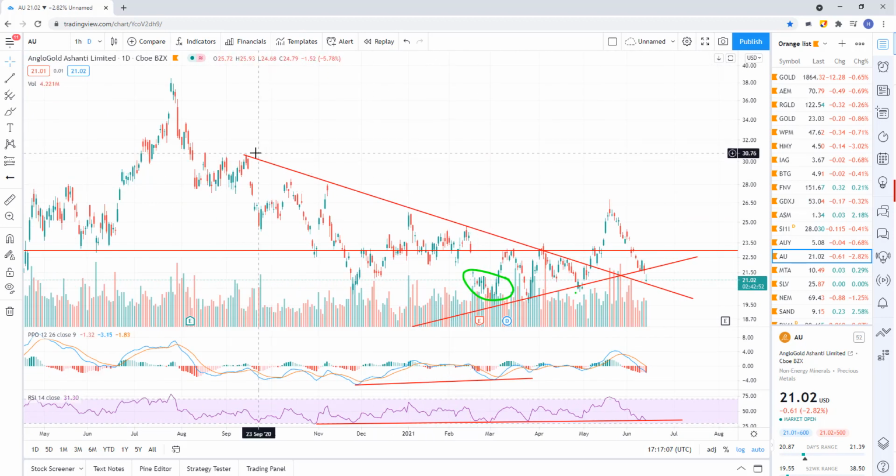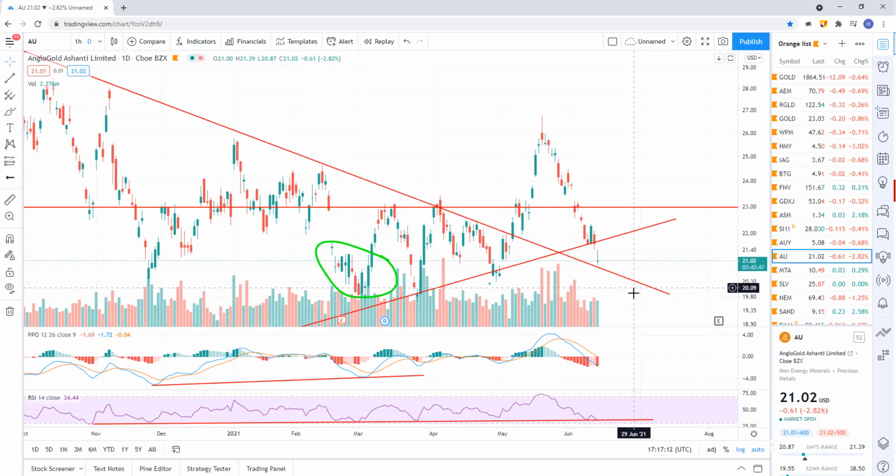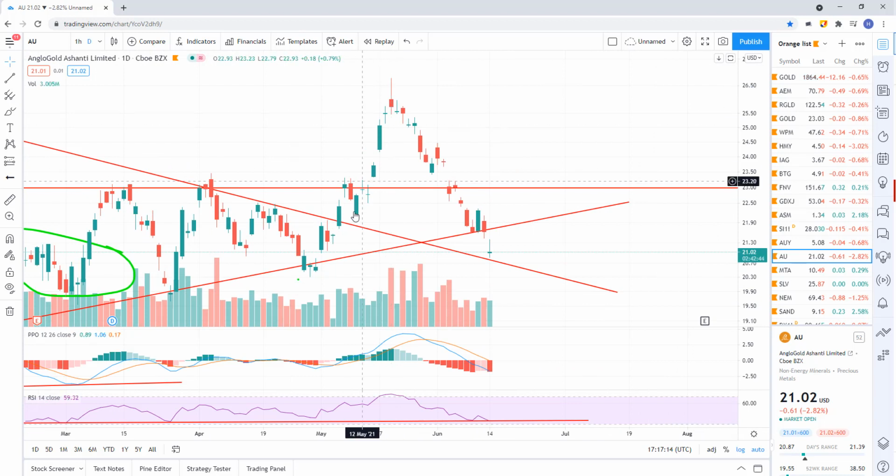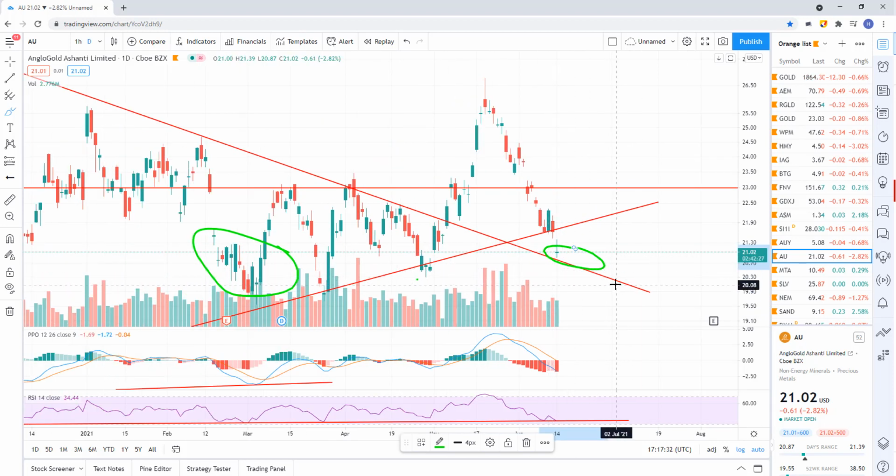But we also have this downtrend line from the 2020 area, and we had a nice breakout of that downtrend line. To me it looks like we're coming in for a back test, and we should hold support in this area. Now we could just trickle lower and grind lower as gold works its way down to 1800, and then move higher. But I like this as an area to buy this one. So I added a position here, looking for this to hold in this area and then start to move higher.